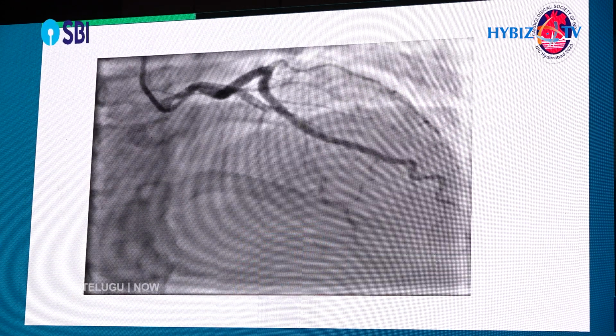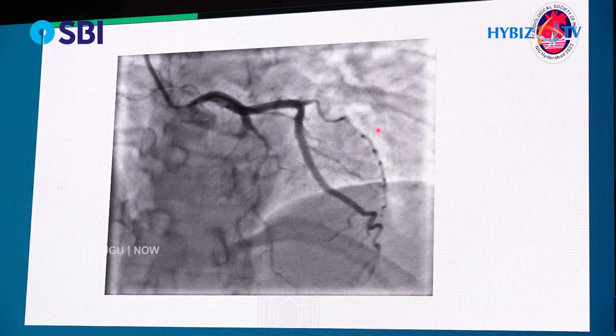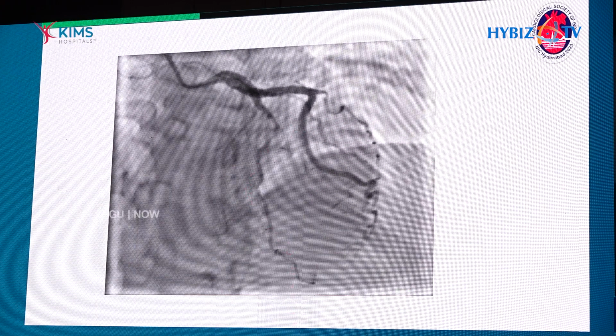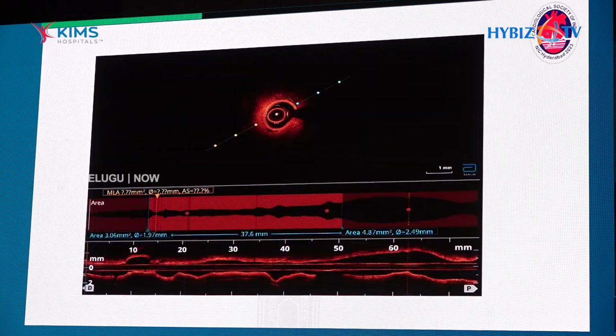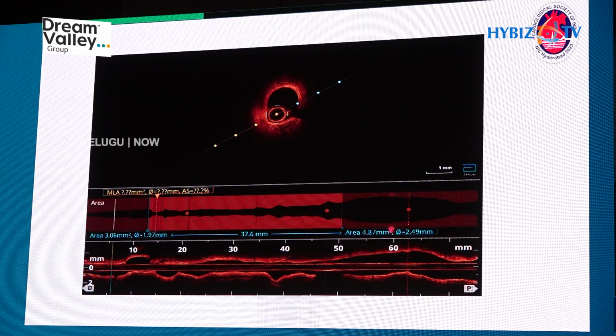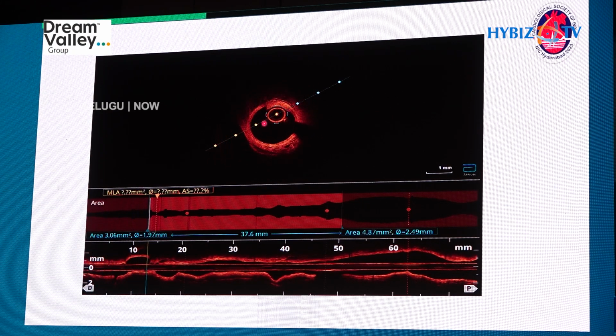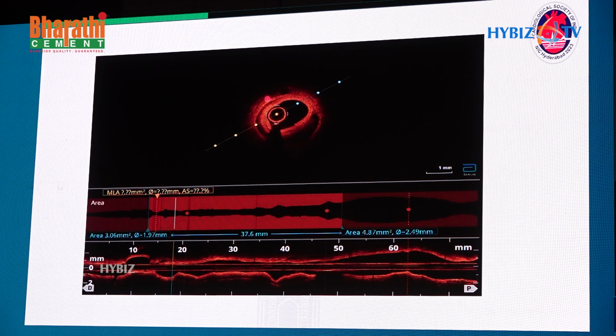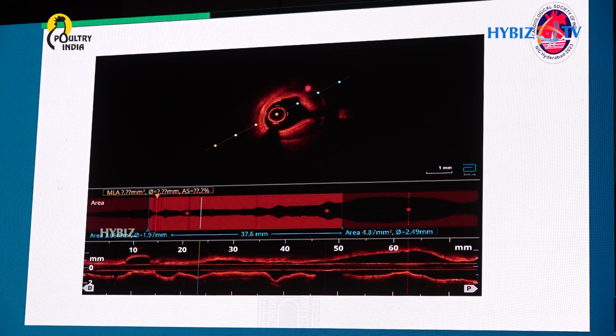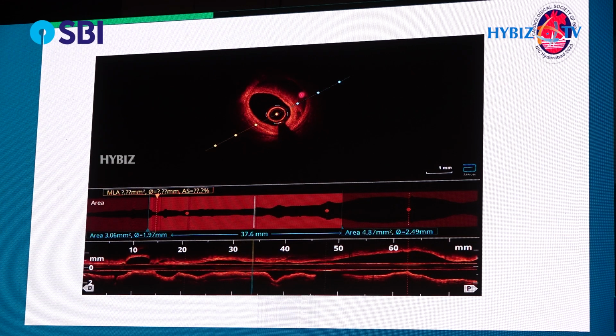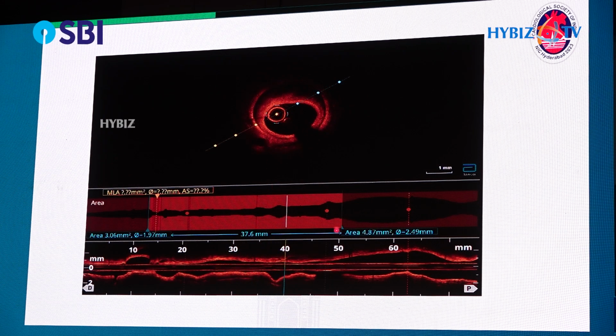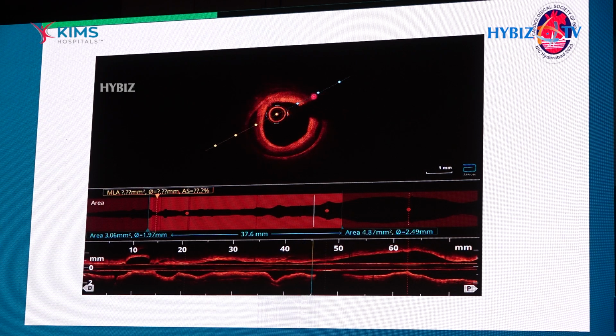Look at this angiogram. This patient has a long lesion in the LAD here. When you do imaging in such a patient, what is it that you are seeing? You cannot make out from an angio what it is. You see here a separate hematoma in the area between the media and the intima. In this specific case, the intima is completely intact.